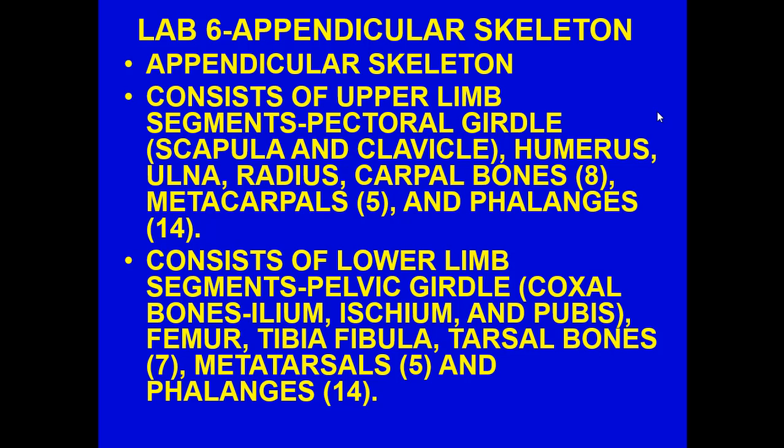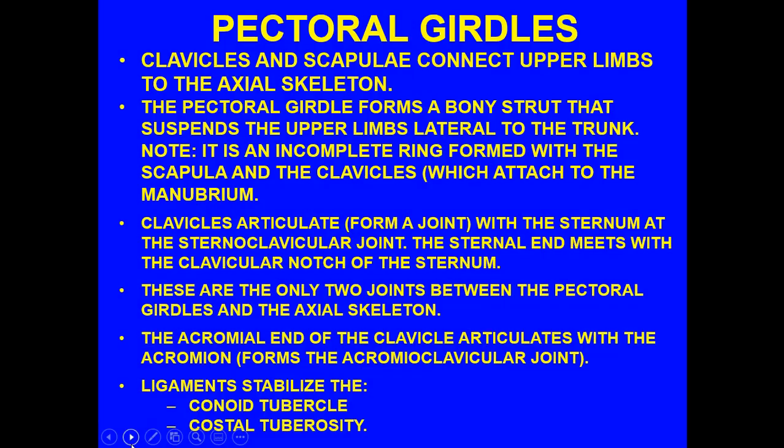It also consists of the lower limb segments, which is the pelvic girdle consisting of the coxal bones, which are the ilium, ischium, and pubis. It will also include the femur, tibia, fibula, tarsal bones, of which there are 7, metatarsals, of which there are 5, and phalanges, of which there are 14.